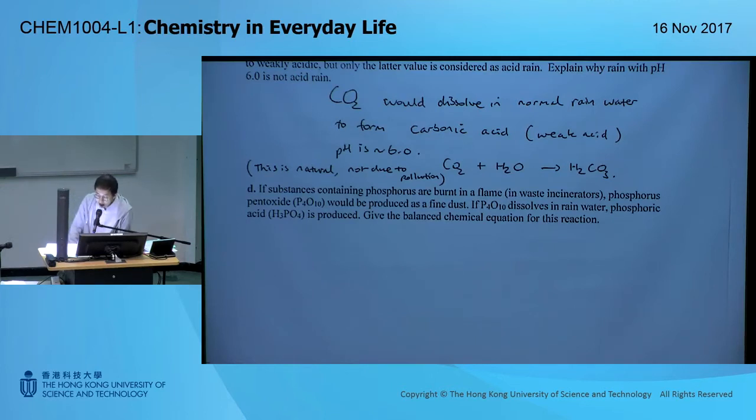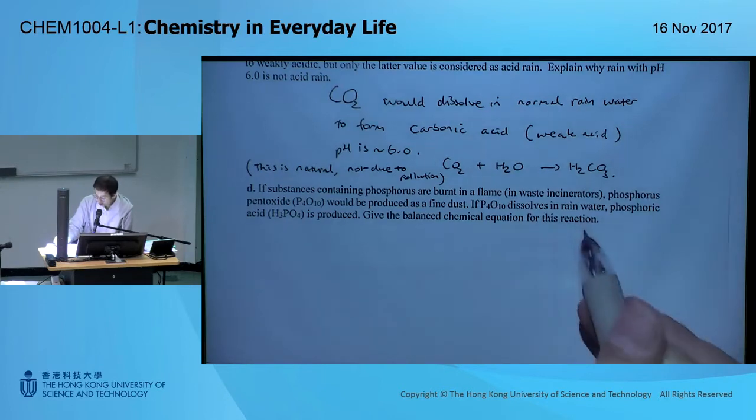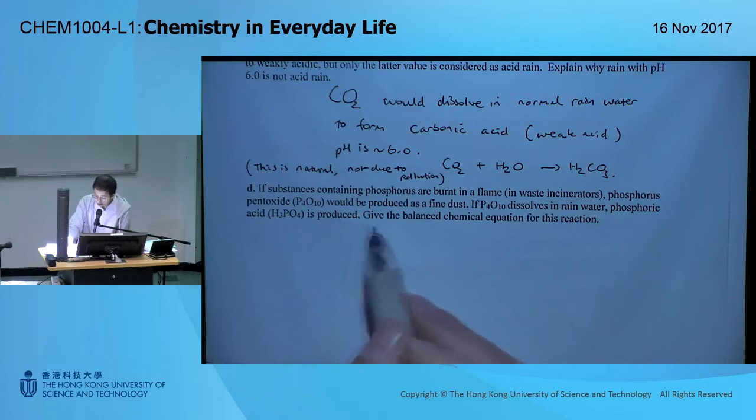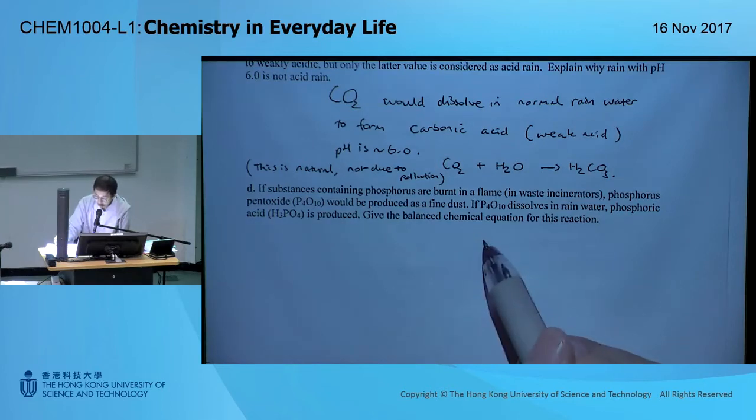Question D is substances containing phosphorus are burnt in a flame. For example, in a waste incinerator, phosphorus pentoxide, P4O10, would be produced as a fine dust. So if these fine dust particles dissolve in rainwater, phosphoric acid will be produced. Write a balanced chemical equation for the reaction. So you need to again formulate an equation from some given information.